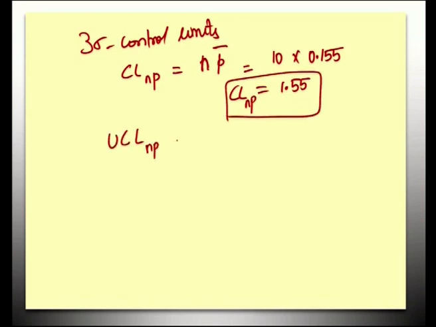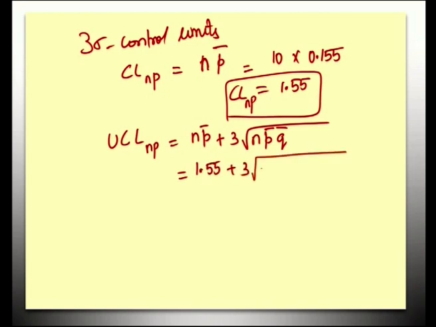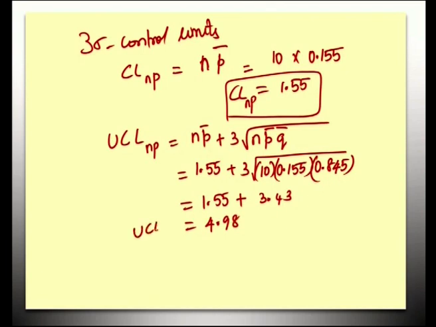UCL of NP is n p bar plus 3 into root of n p bar into q bar, or 1 minus p bar. So n p bar is 1.55 plus 3 into root of 10 into 0.155 into 0.845. This is 1.55 plus 3.43, which is equal to 4.98. So, UCL of NP is 4.98.